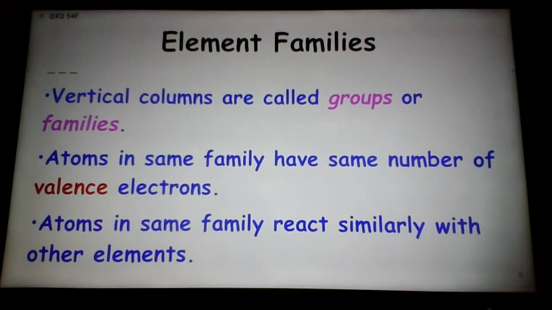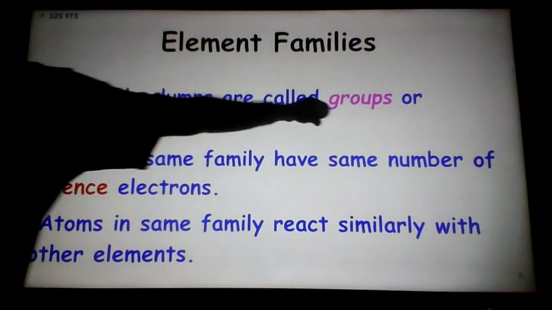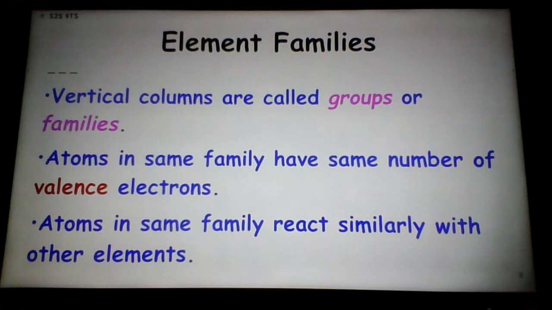Atoms in the same family react similarly with other elements. So look down group 2A, magnesium and calcium, they're going to have similar reactions with other elements such as oxygen and sulfur. They'll do pretty much the same things. Maybe one will be a little more rigorous than another one will be, but they're going to do kind of the same types of combinations. Your vertical columns are called either groups or families.